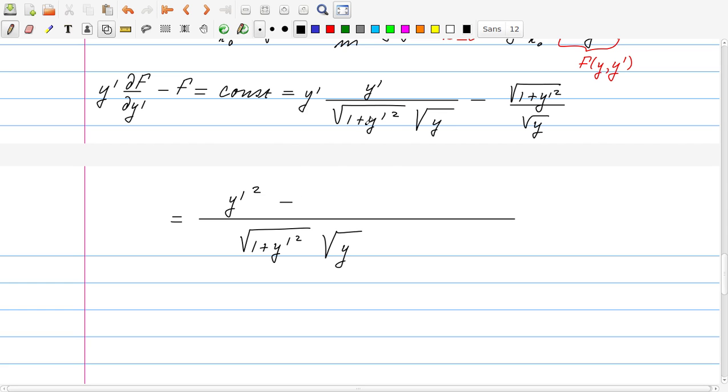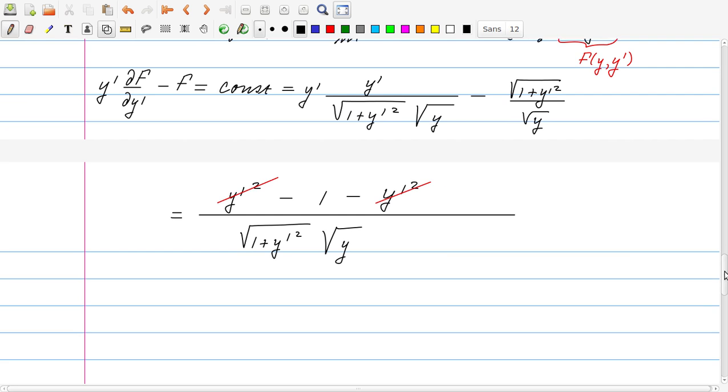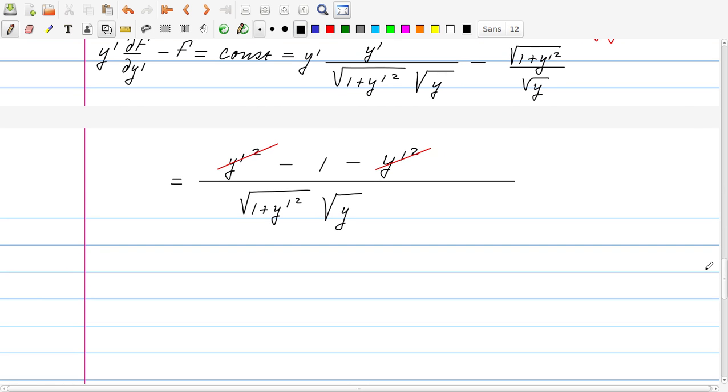We have to multiply that by the square root of 1 plus y primed squared, so we get simply a minus 1 minus a y primed squared, and we see that the 2 y primed squareds disappear, and so that enables us to write the equation that we should solve in the following form.